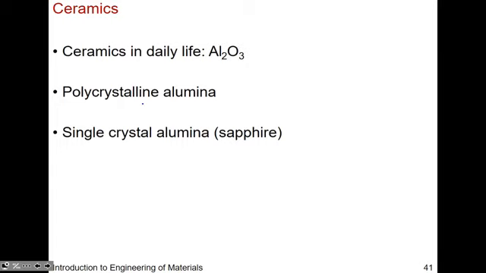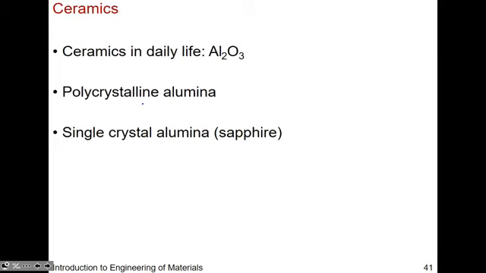Okay. We talked a lot about metals, bones, tendons. Let's focus now more on ceramics. And of course, alumina is a widely used example because we use aluminum in everyday life. We also use alumina in everyday life.